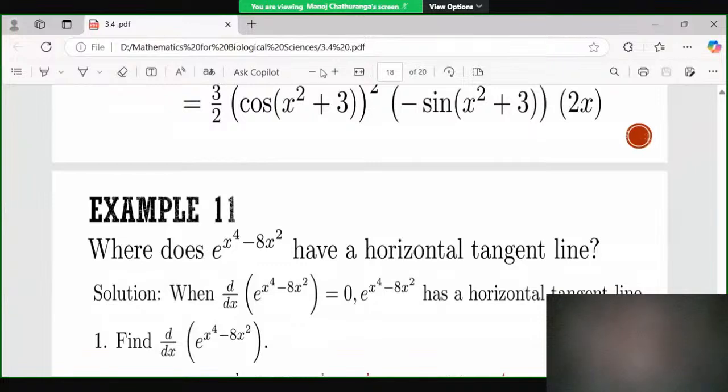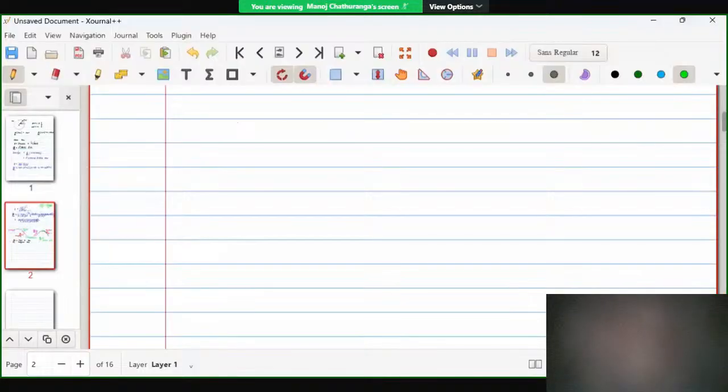Use derivatives. So y equals e to the power x to the 4 minus 8x squared. If you simplify the exponent by factoring x squared, you get x squared times x squared minus 8.